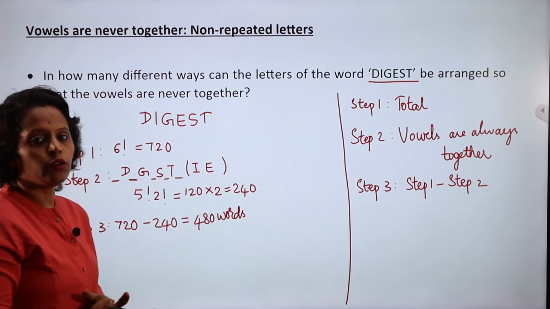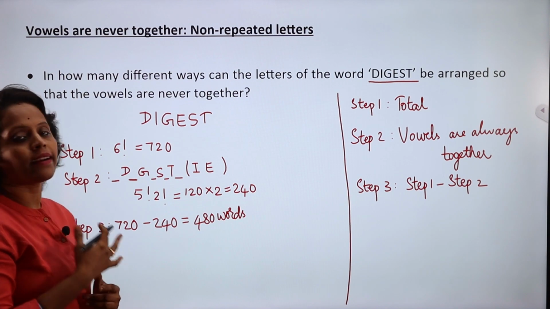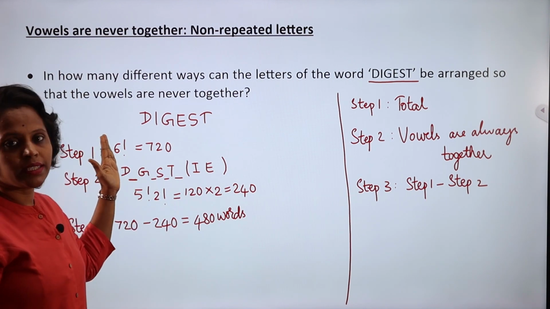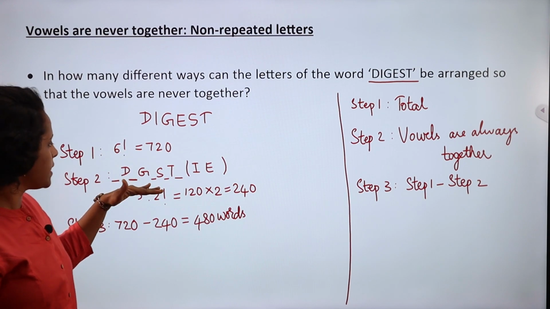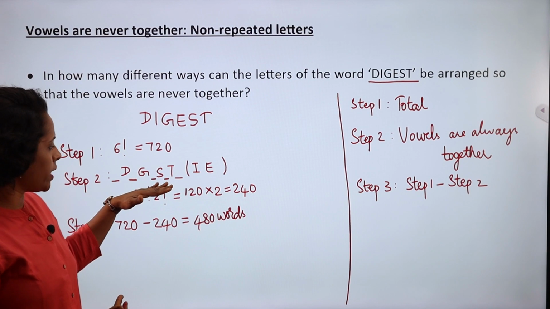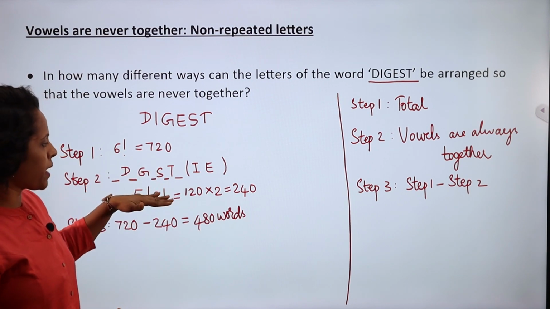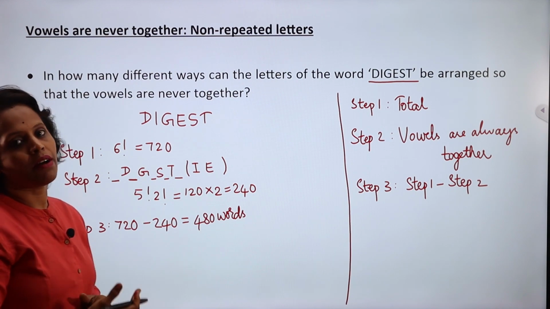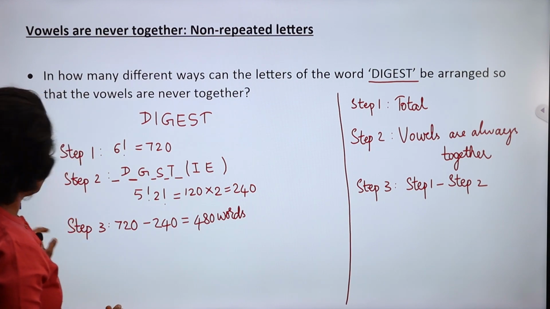So, there are 480 words in which the vowels are never together. So, it is basically very easy. First is to find the total number of cases. Step 2 is to find the words in which the vowels are always together. Step 3 is on subtracting this from this, we get the words in which the vowels are never together.